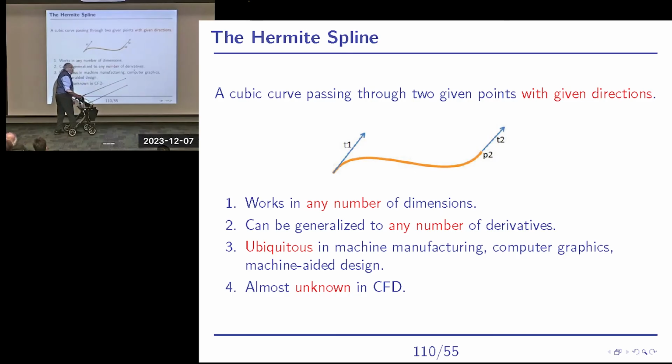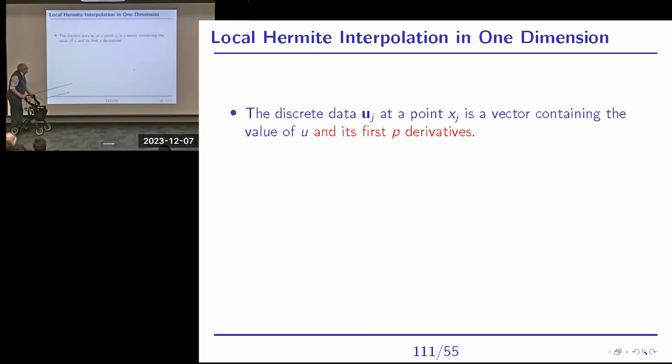In higher order versions, you know more about those curves, you know their curvature and higher derivatives. But in all cases, you can find a polynomial curve that joins those 2 pieces of data. But it's almost unknown in CFD. There are few papers, but very few. So going back to 1 dimension, there's something called Hermite interpolation.